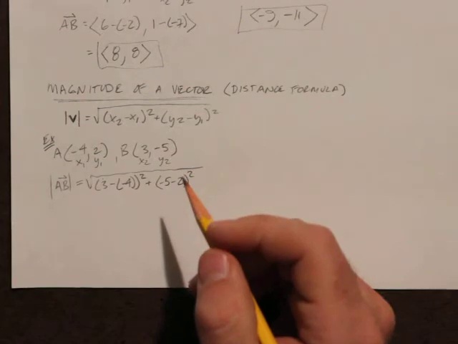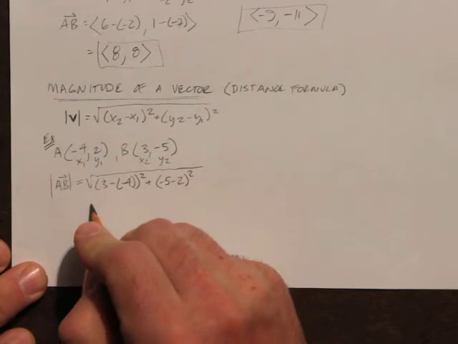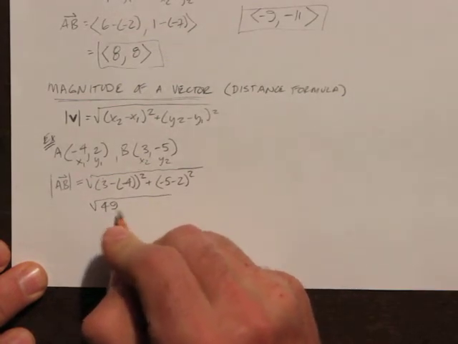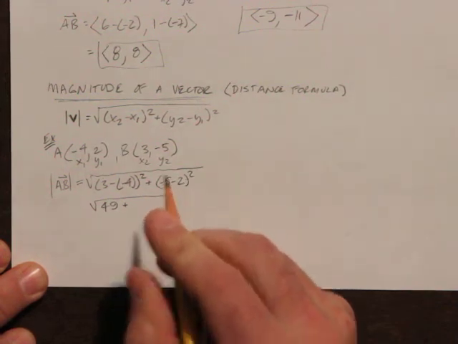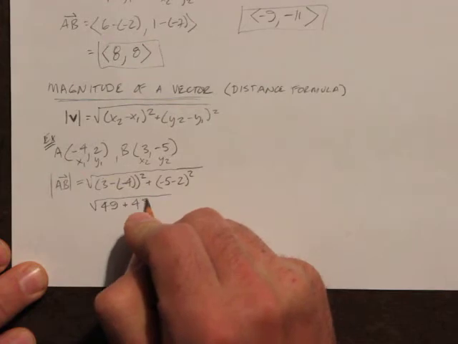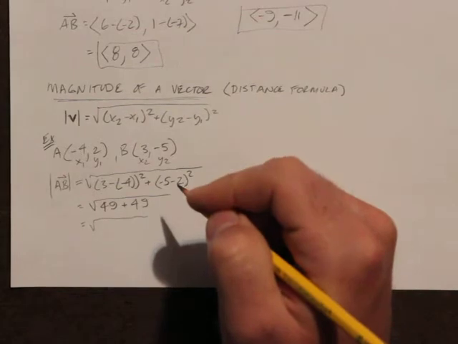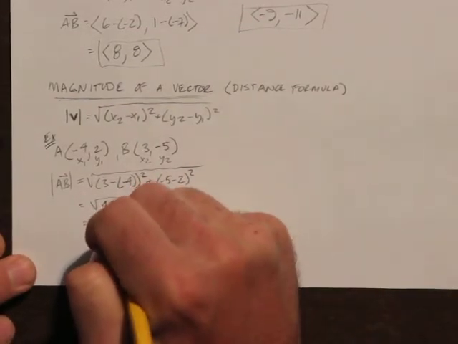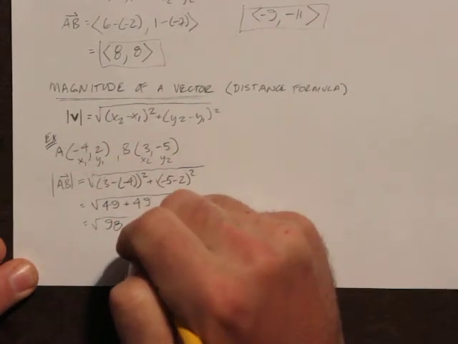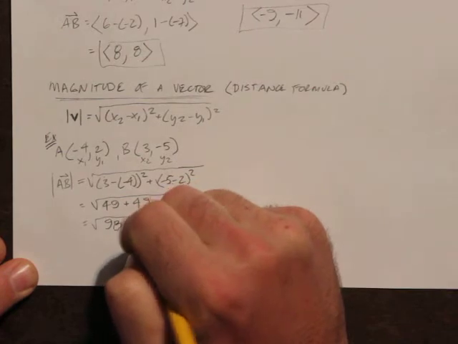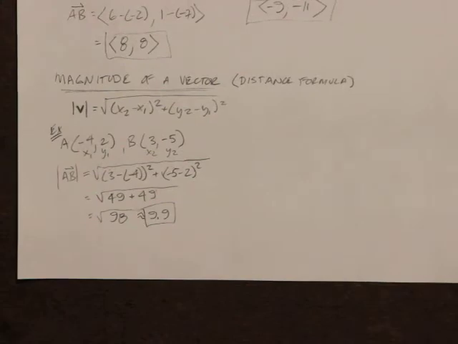Now I'll resolve this stuff here. So 3 minus a -4 is 7. 7 squared is 49. Plus, this is -7 squared, so that's also 49. So I've got the square root of 49 plus 49, which is 98. And the square root of 98 is approximately 9.9. So that is your magnitude.